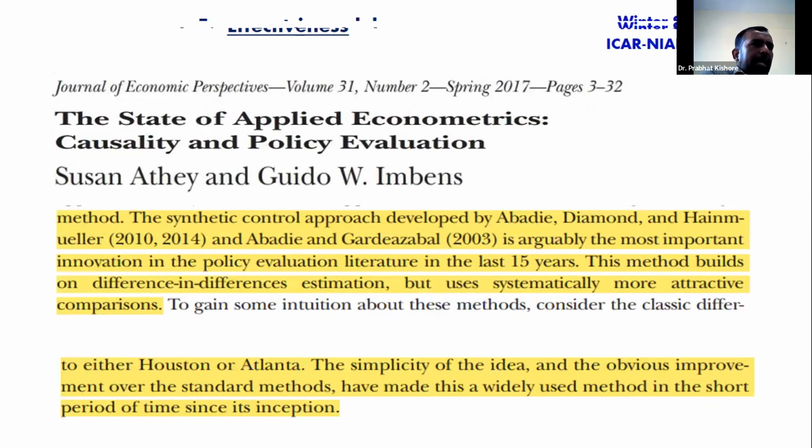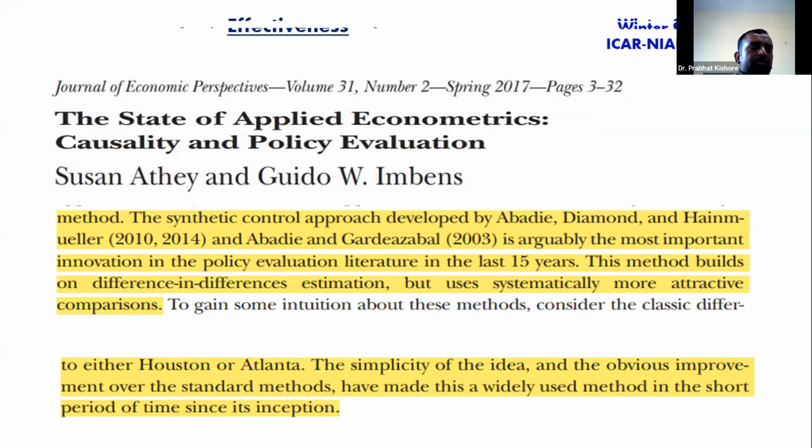To back what I am saying, I have put a screenshot of a paper that Athey and Imbens published in 2017. They said, I believe, this is the most important innovation in the policy evaluation literature in the last 15 years. This method is built on a different basis, but gives a systematically more effective comparison.